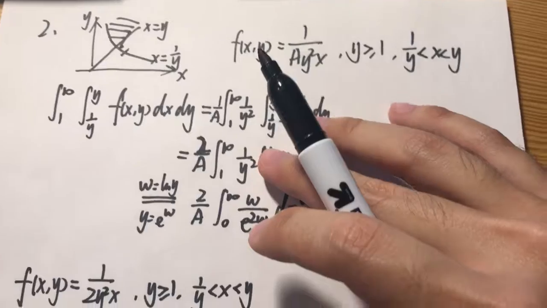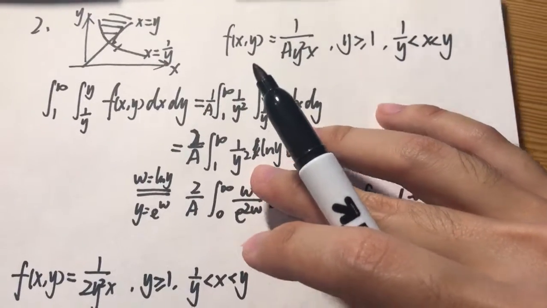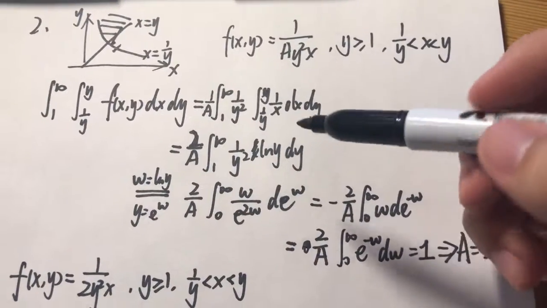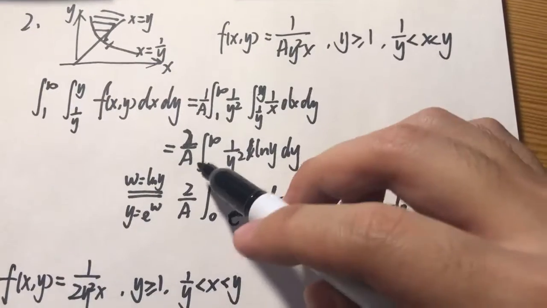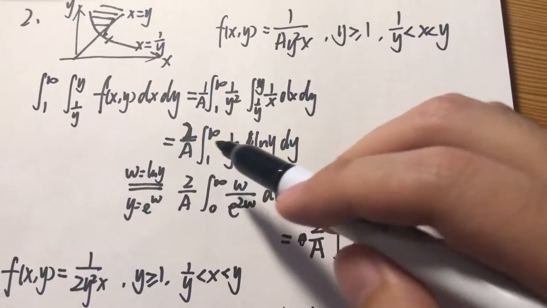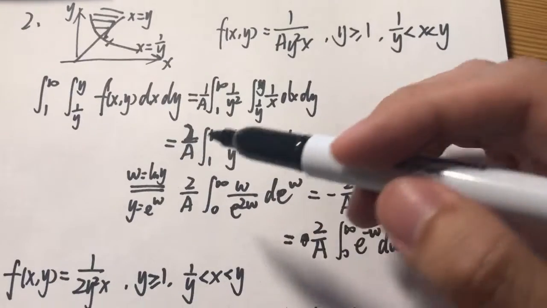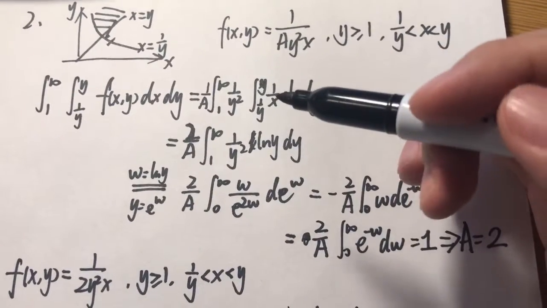And in the second question, we need to find the parameter a to make the density function a valid joint density function.